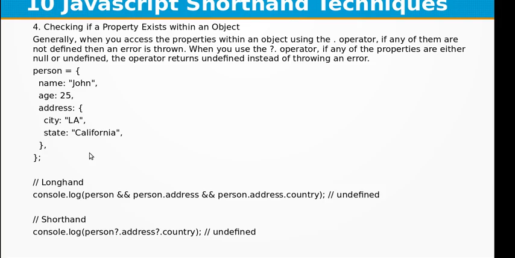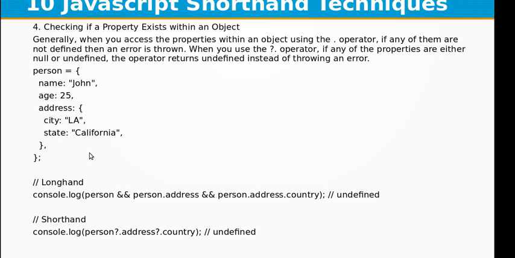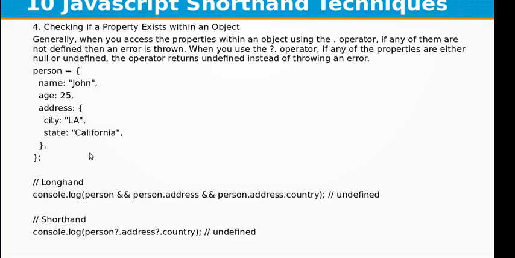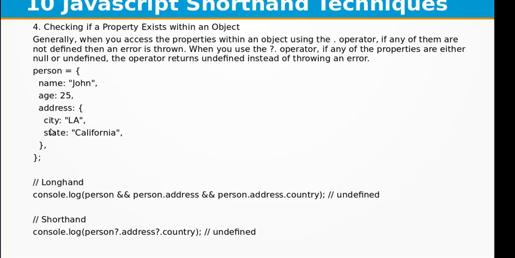Now let's look at the shorthand version. console.log person question mark dot address question mark dot country. That's it, and we get the same result as above. So that way you can do the processing in a shorthand way.